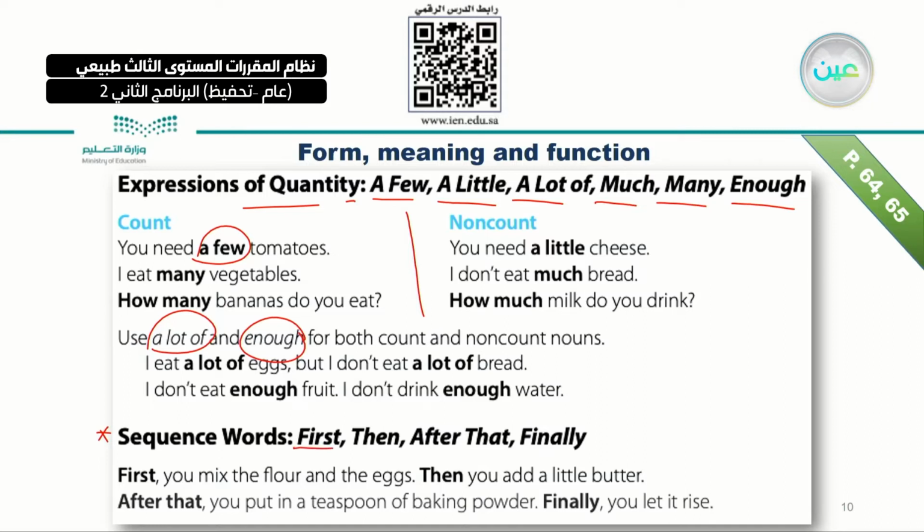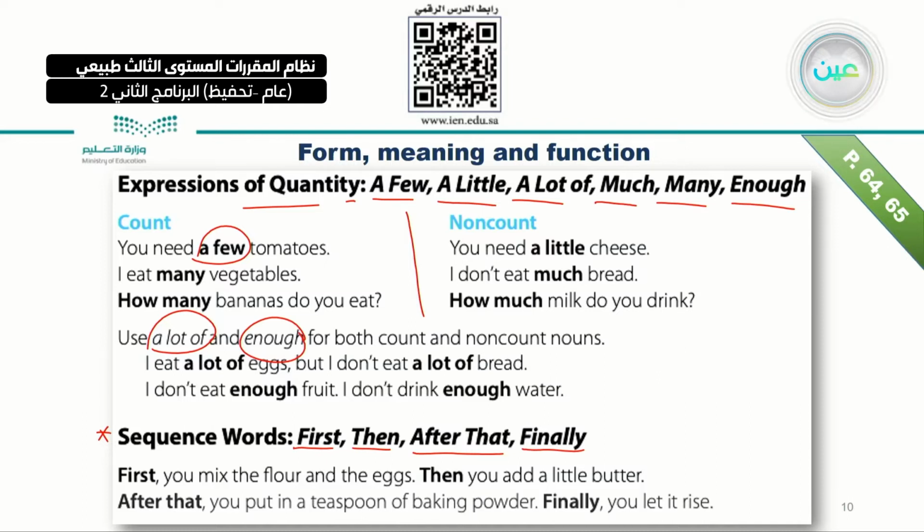It means that when you have something to tell, a story to tell, or steps to say in order, use first, then, after that, and finally. As you can see, first you mix the flour and the eggs, then you add a little butter.